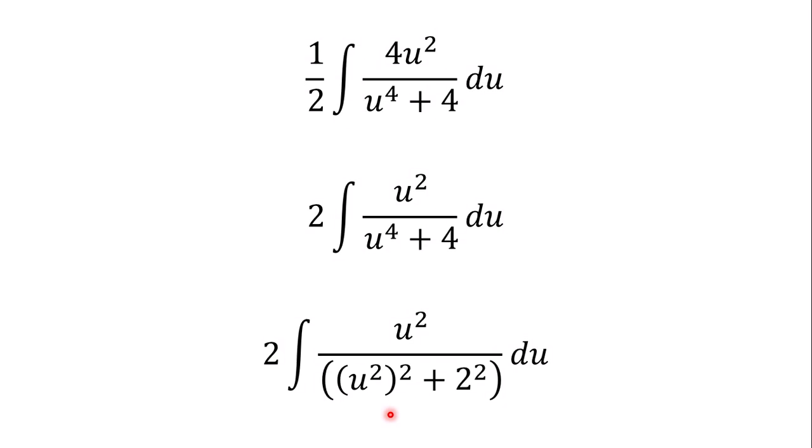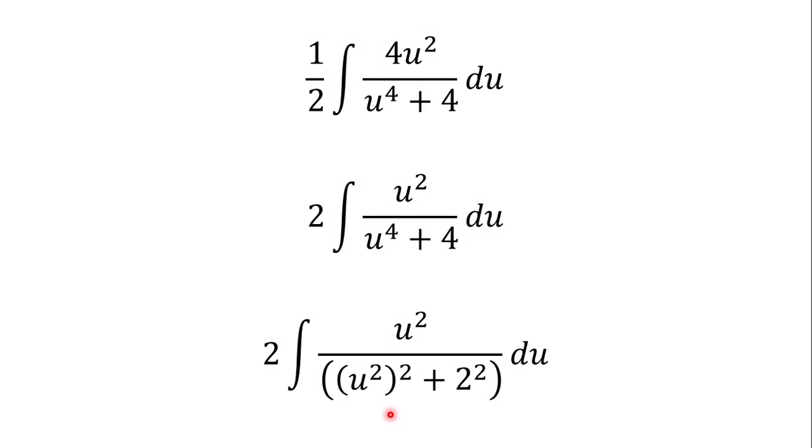From symmetric function, when we have a squared plus b squared, it is equal to a plus b all squared minus 2ab.